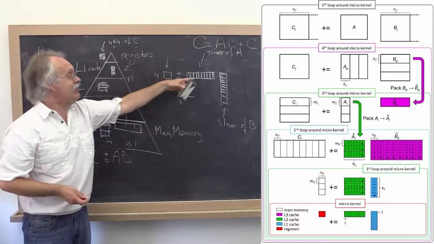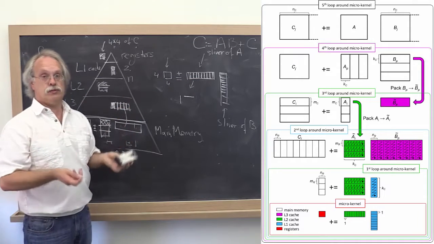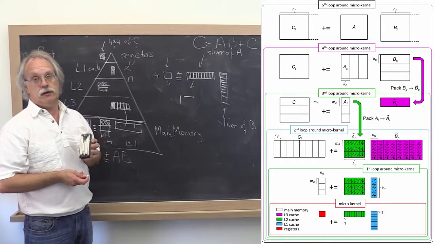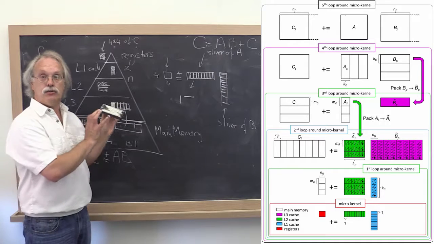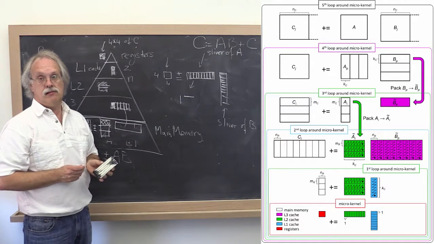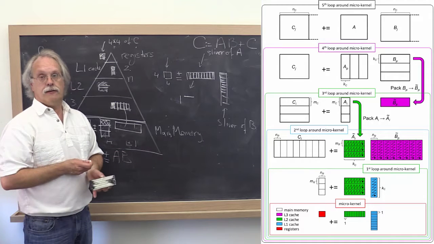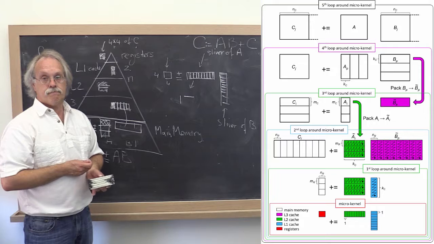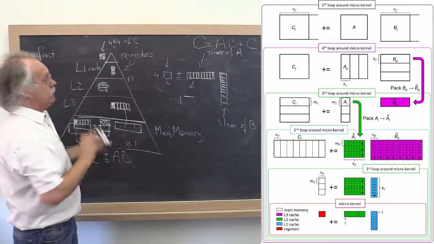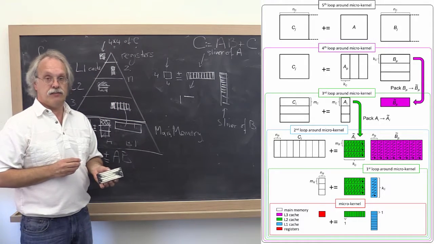And it's that tiny little bit that we in our research group then write in assembly code. So we've brought it down to a tiny little unit that actually needs to be highly optimized and specialized for an architecture that happens to come along. Okay, so hopefully this gives you some idea of how this slicing and dicing fits in.